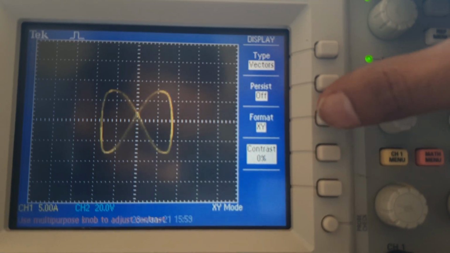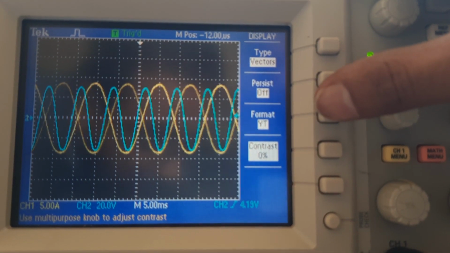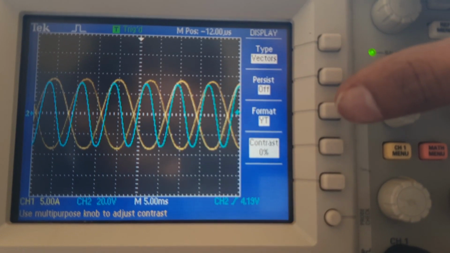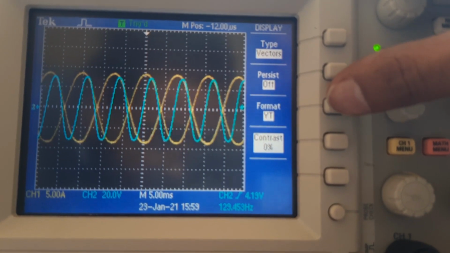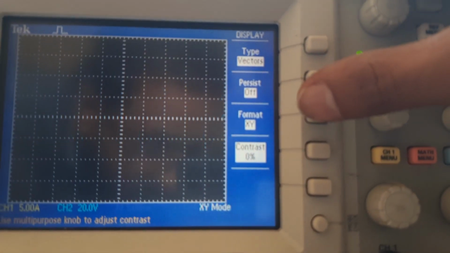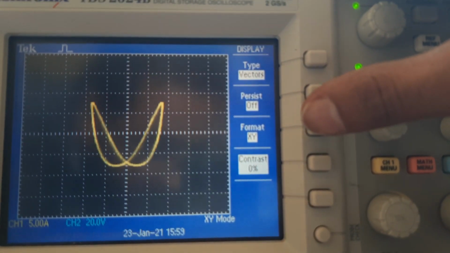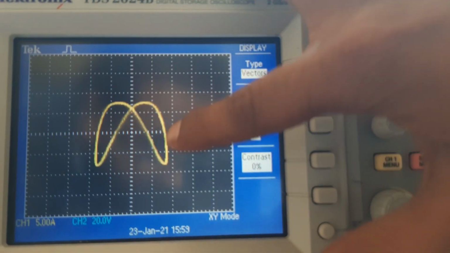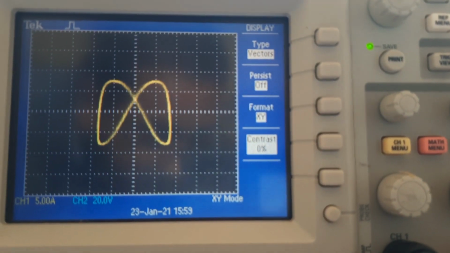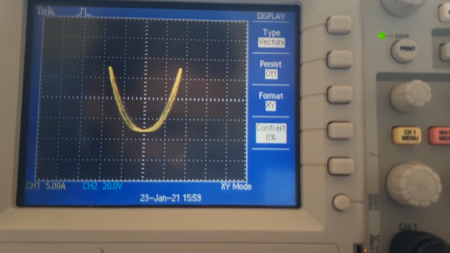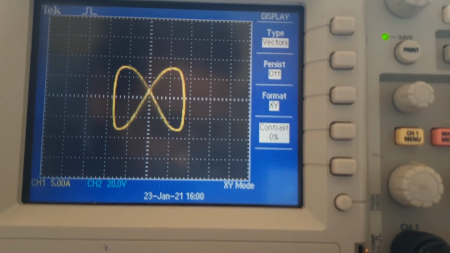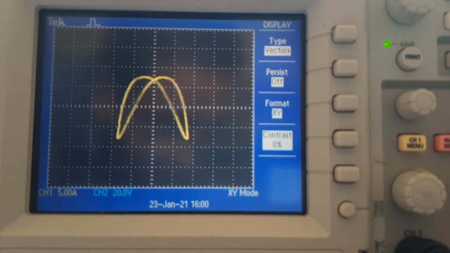For 2:1, you can see that one phase, or one frequency, is continuously moving. That's why we have this kind of pattern. For 0 degrees you will get a pattern of 8, and for different phase shifts we have these kinds of patterns. Okay, so this was your Lissajous patterns.